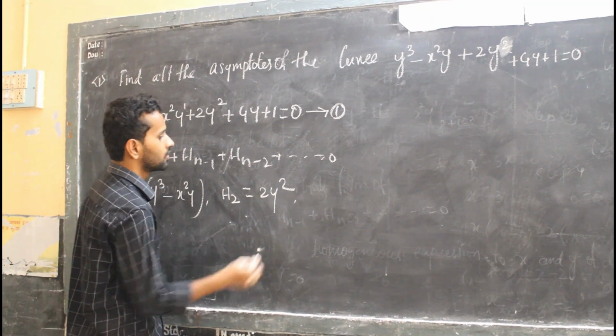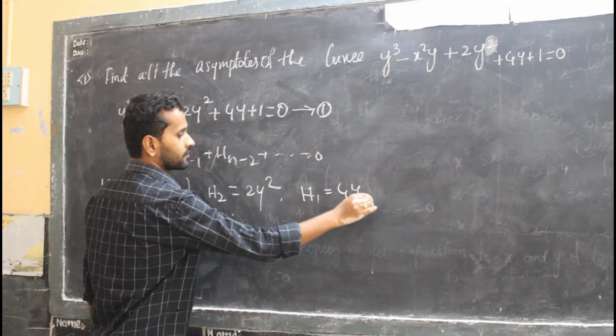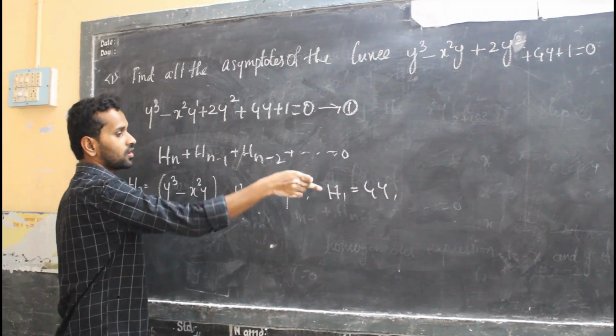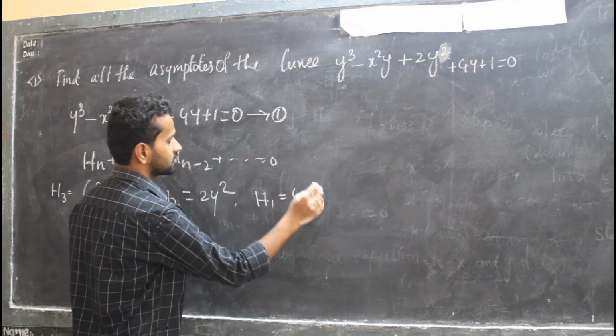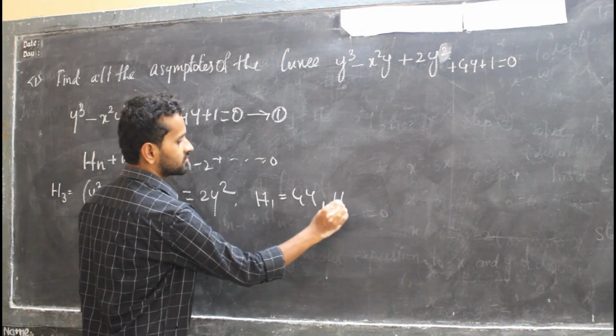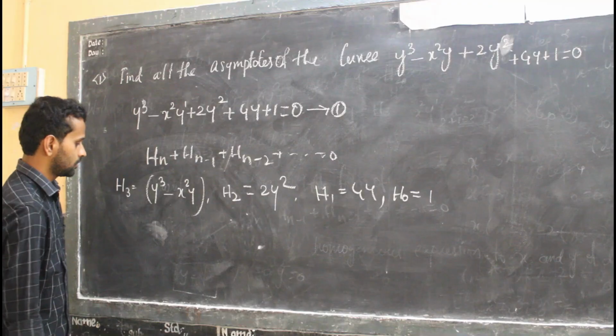Now h1, next one, 4y. Is it clear? Because the degree is 1, h1 equal to 4y. Now h0 equal to 1 because it's a constant.